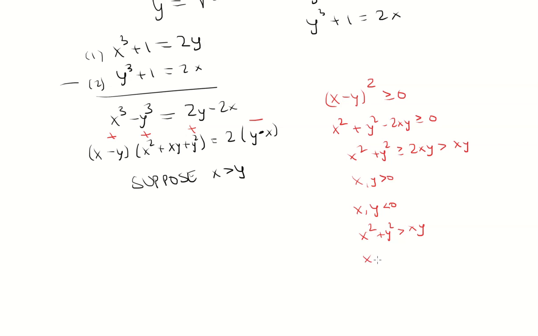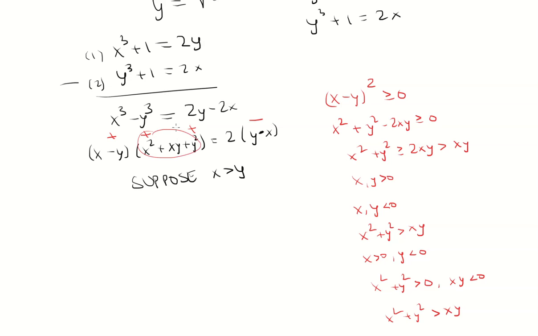Now, if x is positive and y is negative, then x squared plus y squared is bigger than 0, and xy is less than 0, so x squared plus y squared is still bigger than xy. So in all of these cases, x squared plus y squared is bigger than xy.